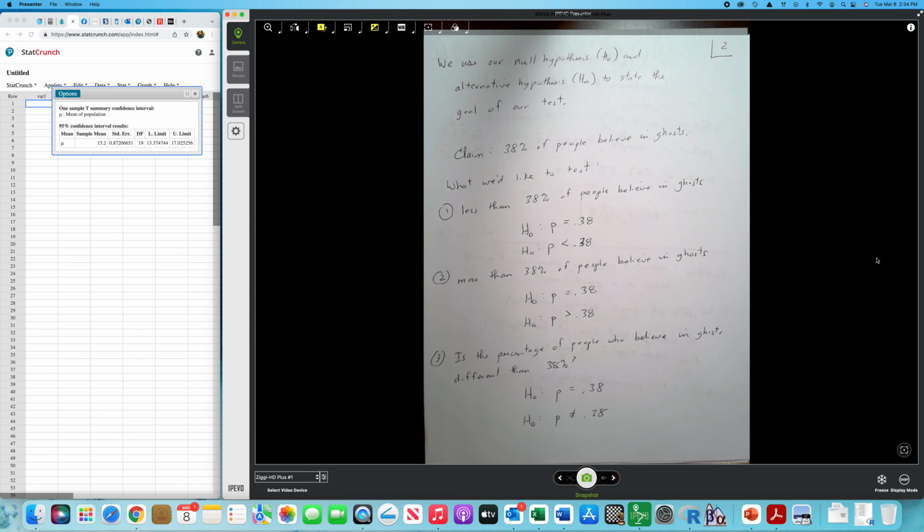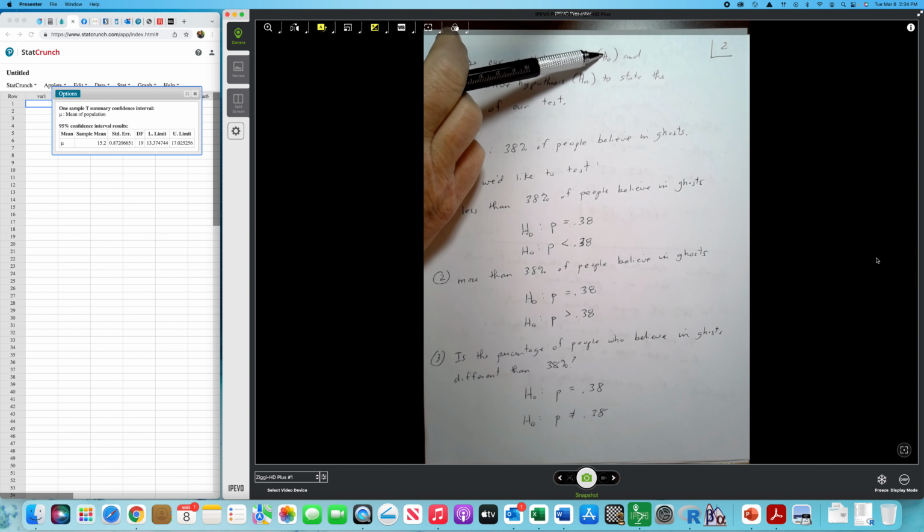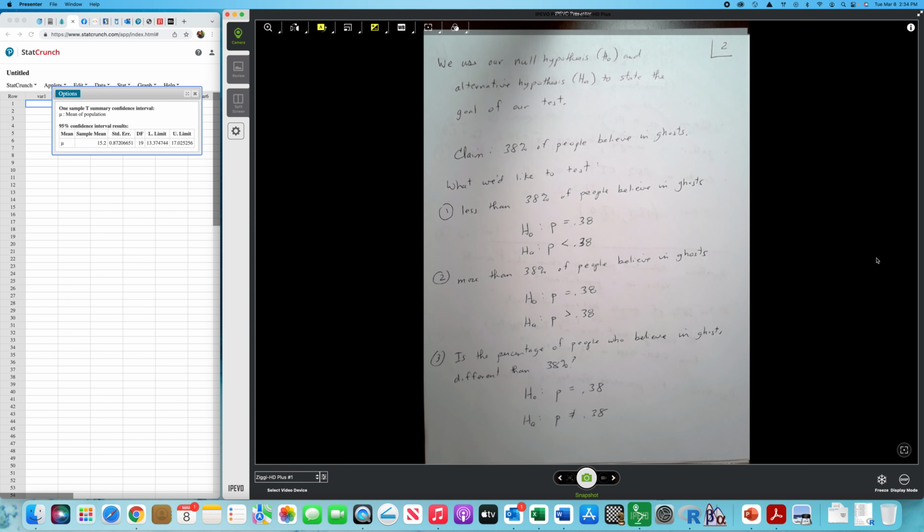Now, this is one of these things that really needs to go in your notes in big old flashing neon lights. The null hypothesis, and that should be H sub O, is the claim. The alternative hypothesis, which is given as a statement H sub A, actually stands for what we want to test.